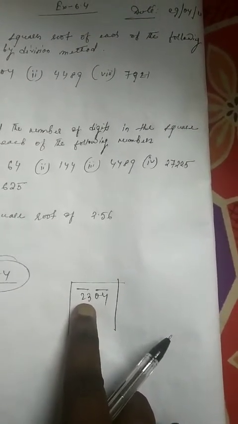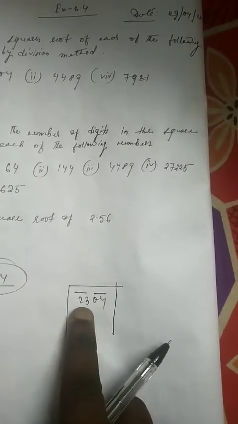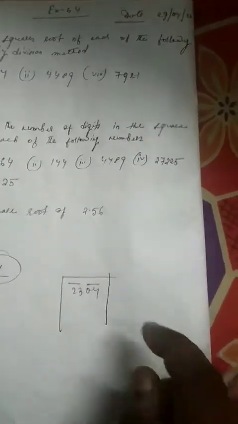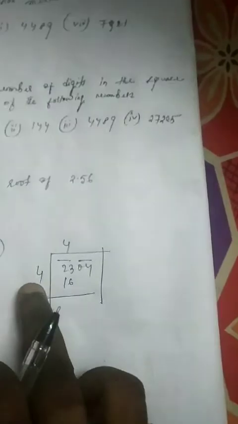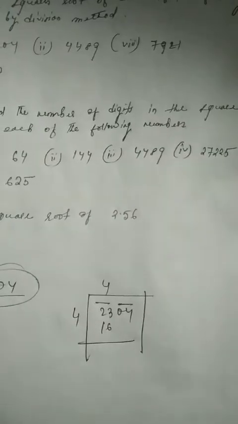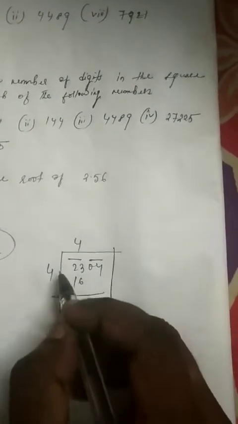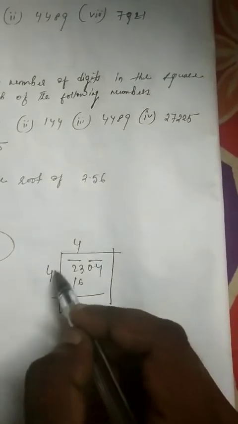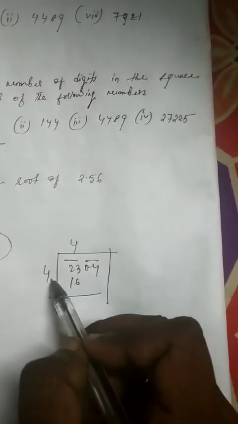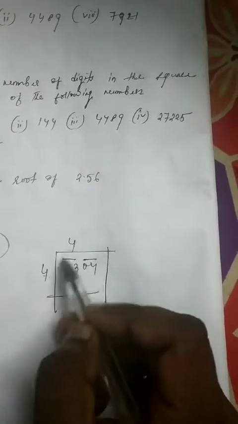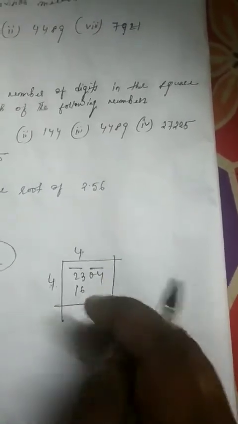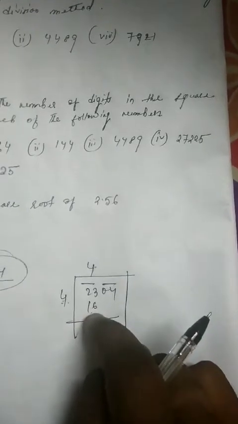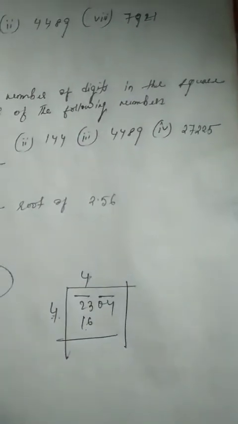I have to take 4, because 4 fours are 16 is quite close to 23. So I write 4 over here as the quotient, and 16 below 23. Let us subtract: 23 minus 16 is 7.